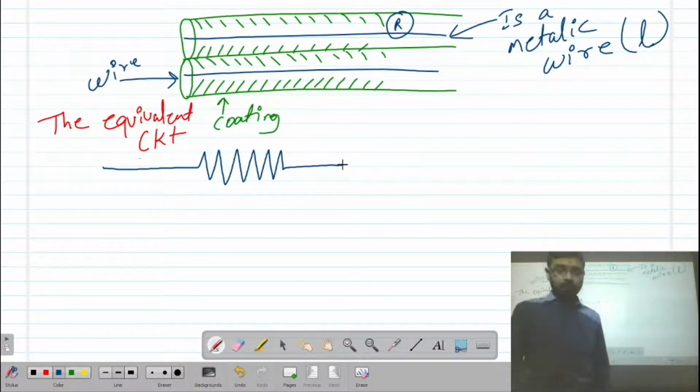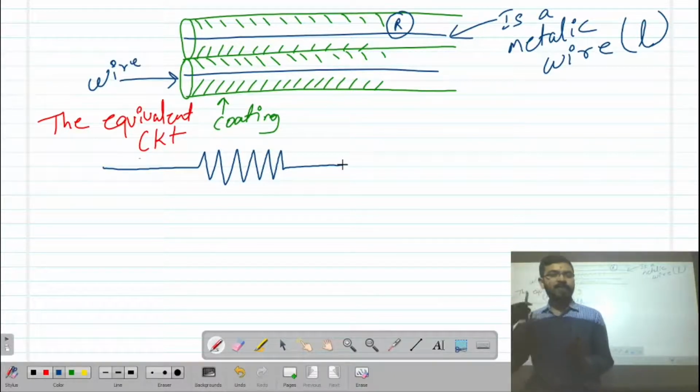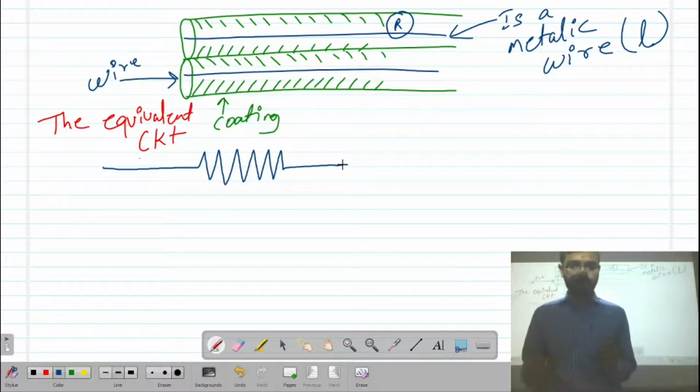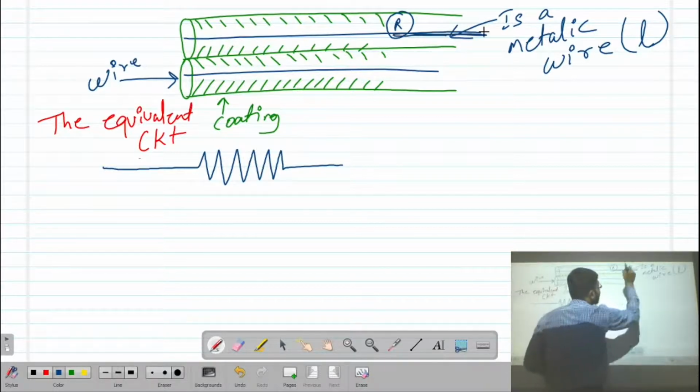Then, if a wire is carrying a transverse electromagnetic wave, it is definitely going to have magnetic fields associated with these lines.